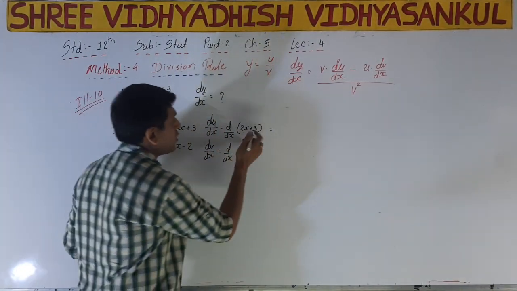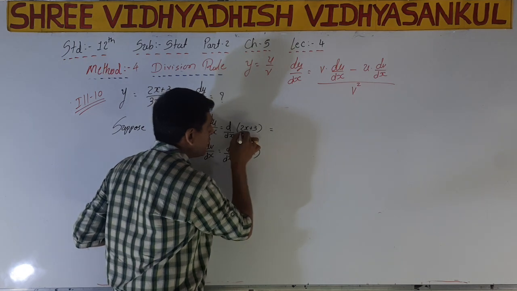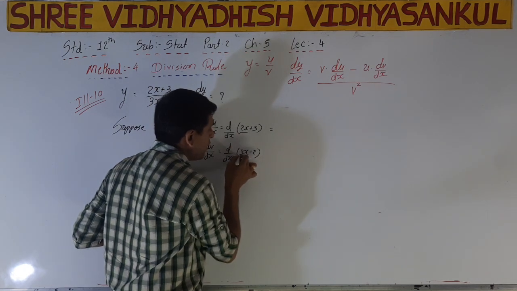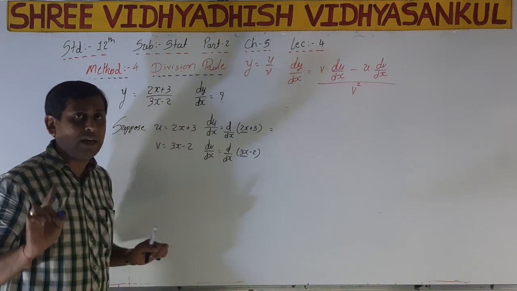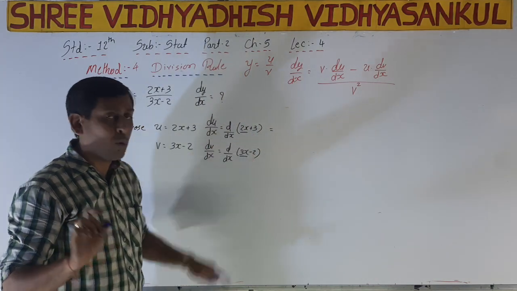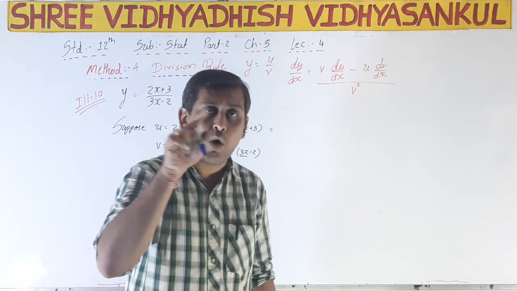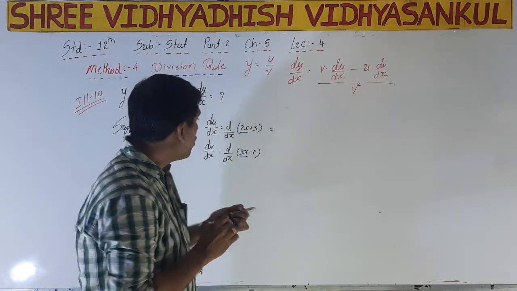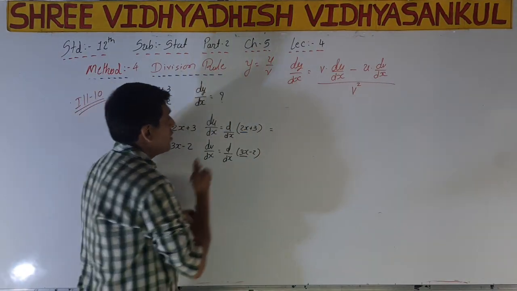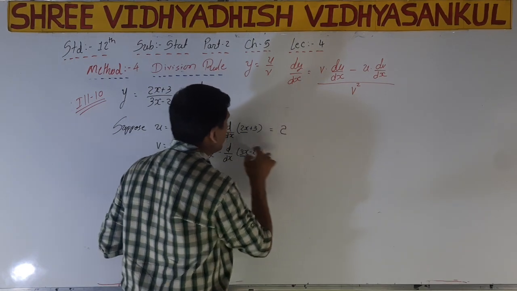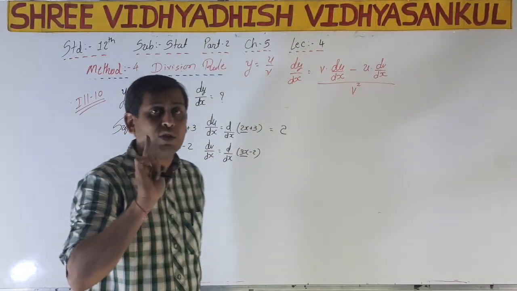The differentiation of 3 is 0. 3 and 2 are constants, and the differentiation of a constant is always 0. So for 2x, the answer is 2, because the differentiation of x is 1.